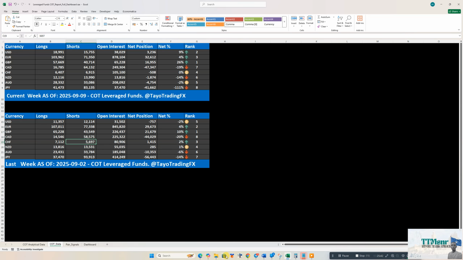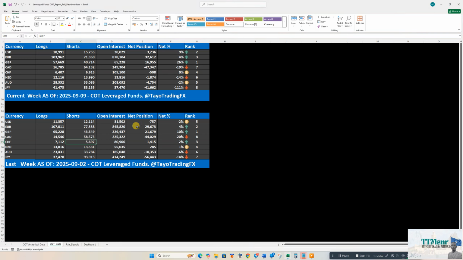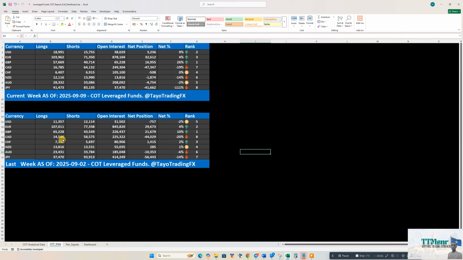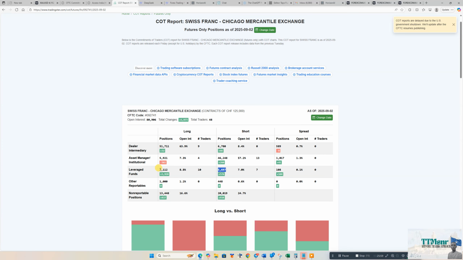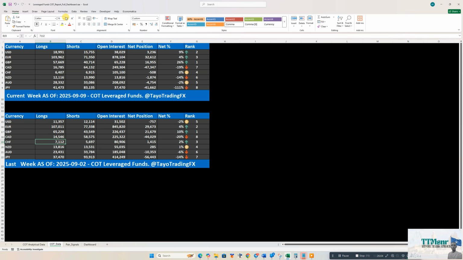The short position. Then long positions. So it is correct. We don't want to do anything about that 0%.